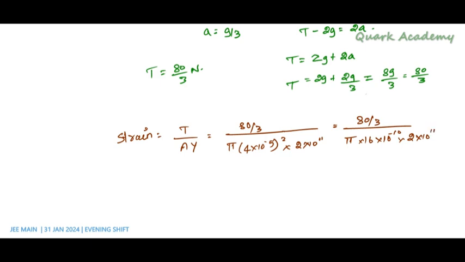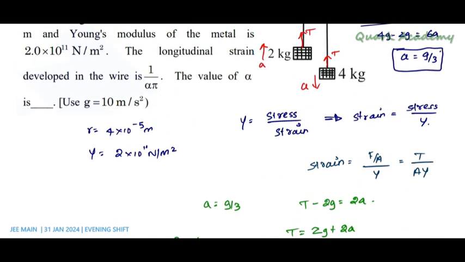Simplifying, we get the strain as 1 by 12 pi. In the question, what they gave was 1 by alpha pi. So the value of alpha should be 12.